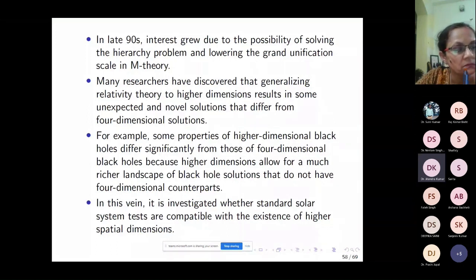For example, some properties of higher dimensional black holes differ significantly from those of four-dimensional black holes, because higher dimensions allow for a much richer landscape of black hole solutions that don't have four-dimensional counterparts.